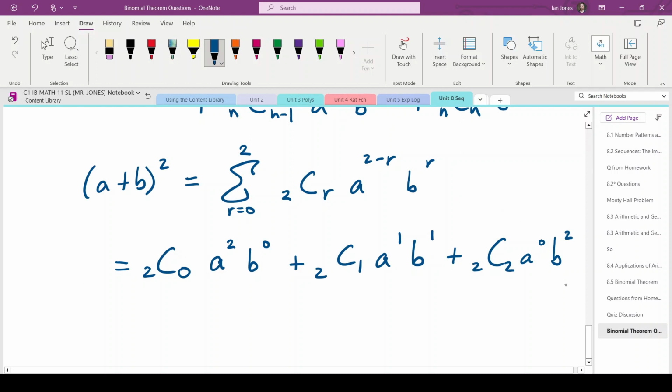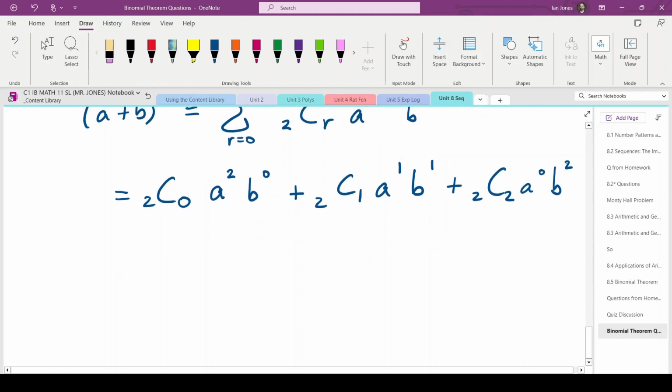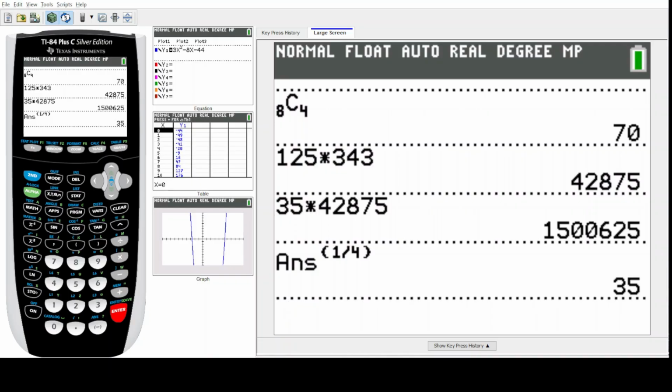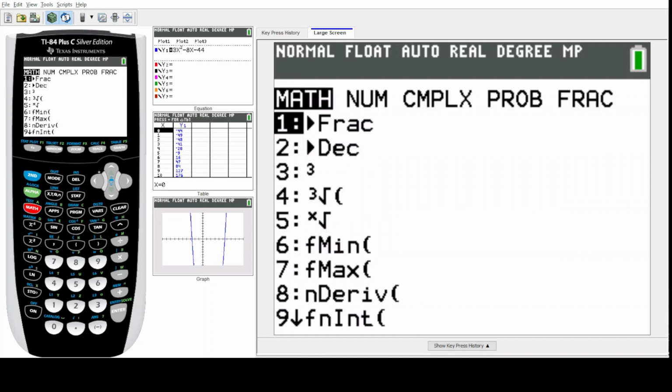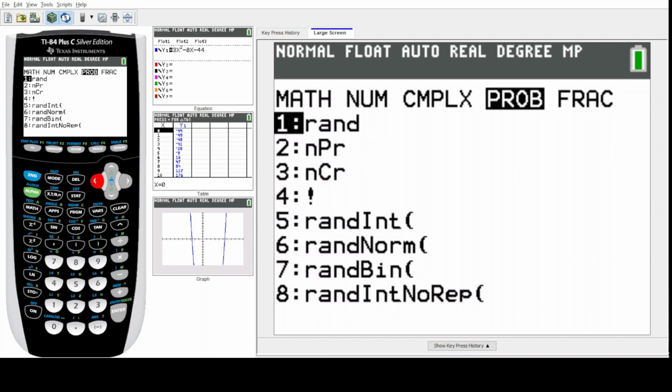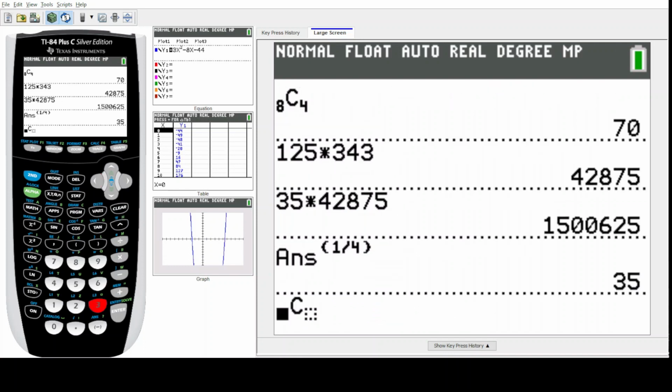Now these coefficients I can calculate using my graphing calculator if I want. Quick reminder on how to do that. You would just go math, and then come over to probability, choose option 3 and choose r, and then put in whatever they are. So in this case, I have 2 choose 0.